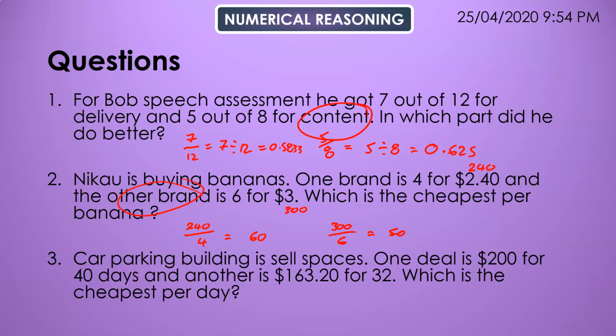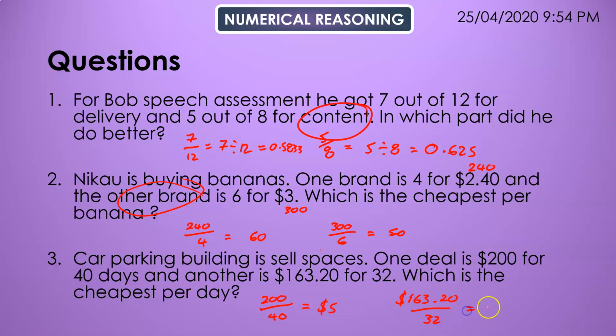The third question is car parking, buying and selling spaces. One deal is $200 for 40 days. The other one is $163.20 for 32 days. Which is the cheapest per day? So we've got 200 divided by 40, which gives us $5 a day, and 163.20 divided by 32.